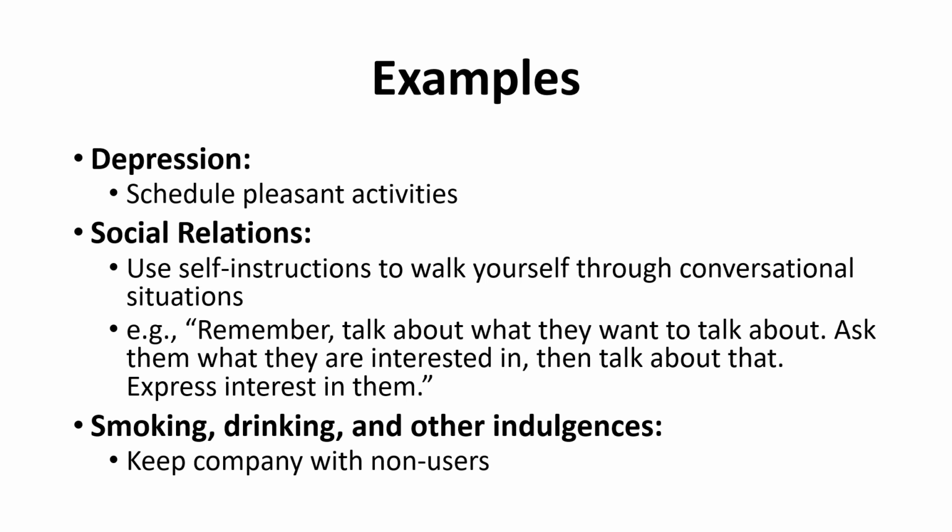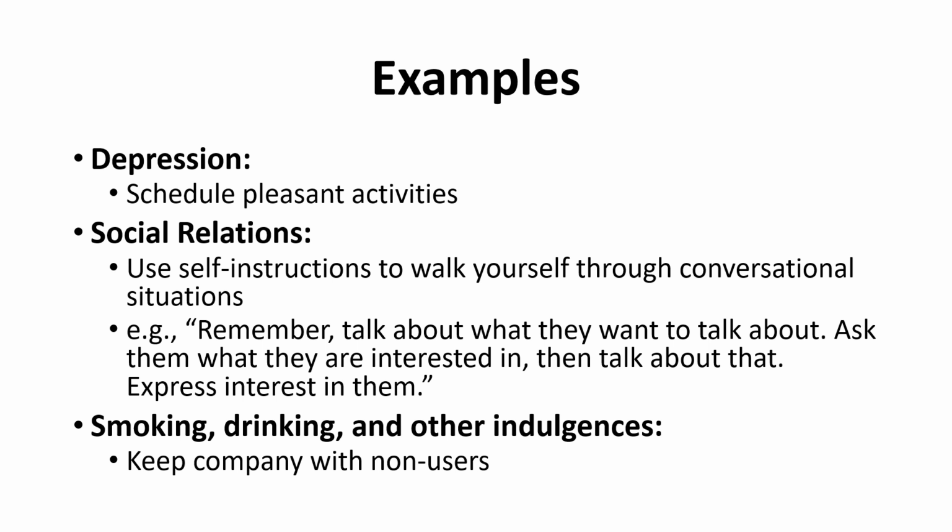For depression, you could schedule more pleasant activities, changing your environment to do the behavior of doing these activities, and at the outcome, you get to experience a pleasant activity that can help you feel better. If you have problems with social interactions, you can use self-instruction to help guide you through those interactions so that the conversations go better.